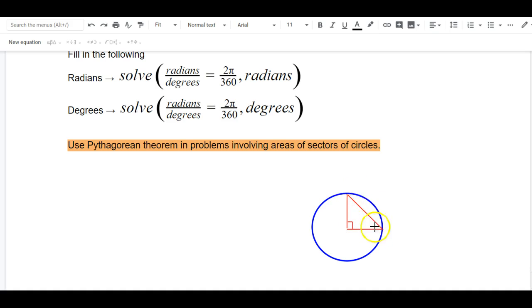Now I can use that to calculate. If I don't know the radius, but I know the length of the chord and I know that this is a 90-degree angle, then I can use the length of the chord and solve for these here.